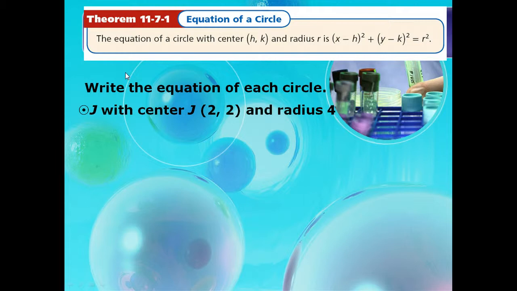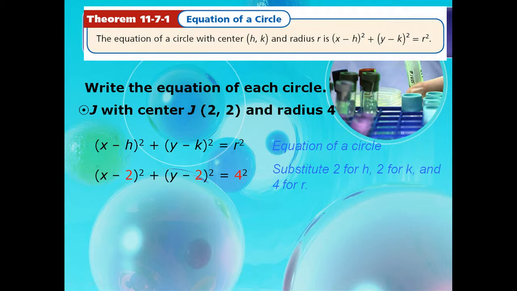Let's look at a couple of examples. We'll start with writing the equation of the circle J with center (2, 2) and a radius of 4. First of all, we look at the equation, and then we plug in what we know. The center is (h, k), so we substitute that in, and we substitute 4 for r.